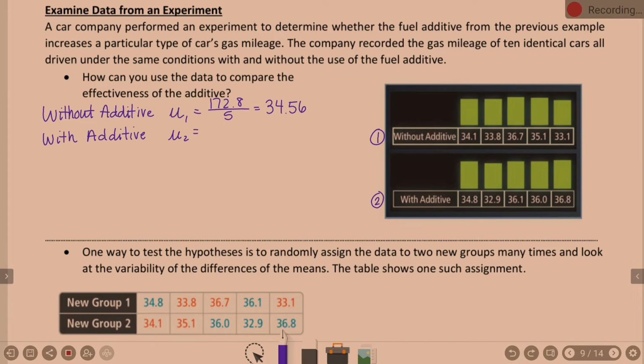What about the group of 5 with the additive? Okay, 35.32. They added up to be 176.6. Dividing by 5, you end up with 35.32. Okay. As you look at these 2 values, and we start to compare them, what do you notice?